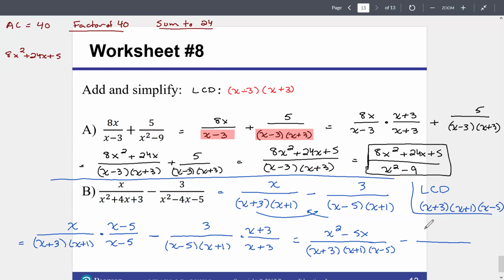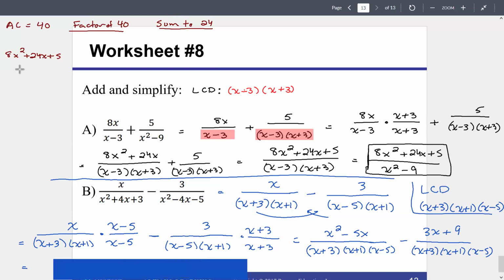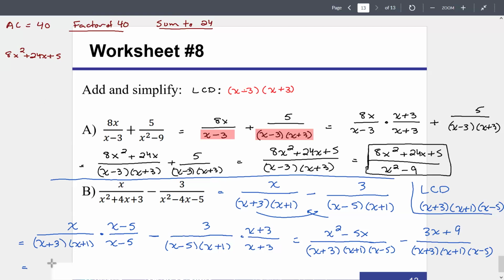Now what we have over here is going to be 3x plus 9 over (x plus 3)(x plus 1)(x minus 5). What we're going to end up with down here is this little blue part, oops. So we can see what I'm writing here at the very bottom.